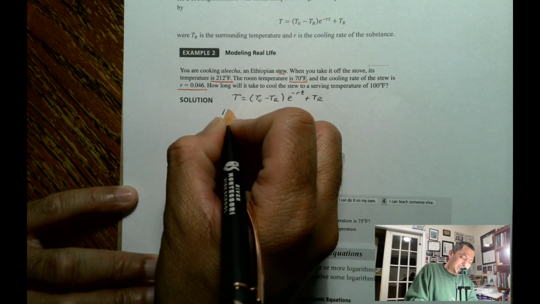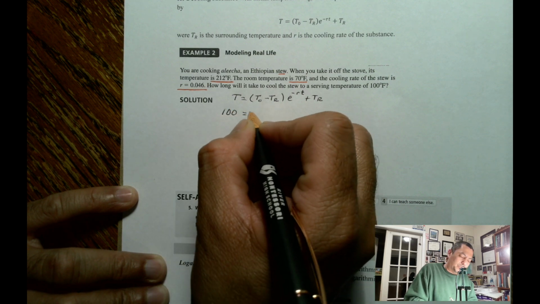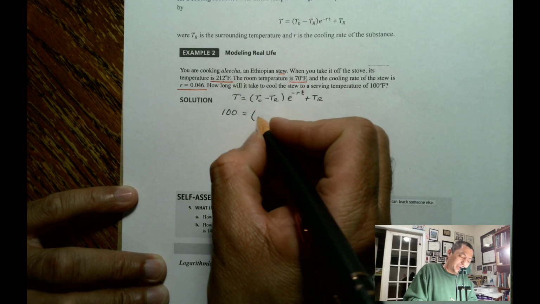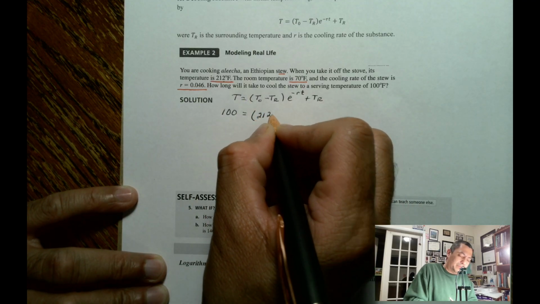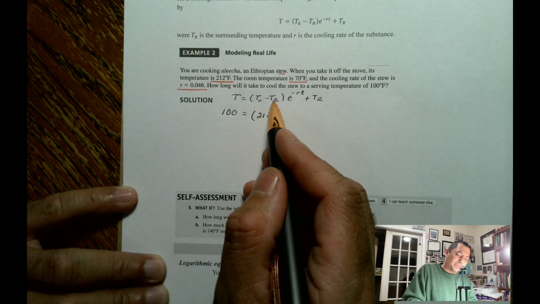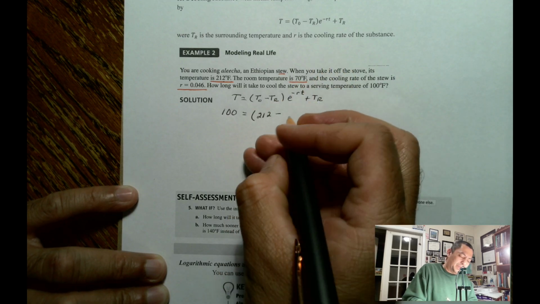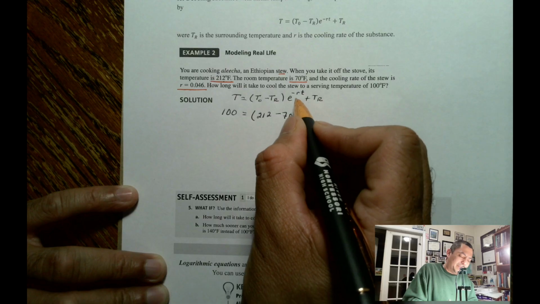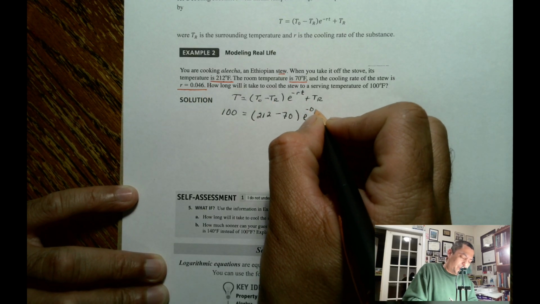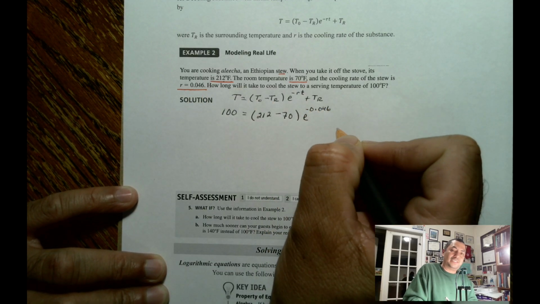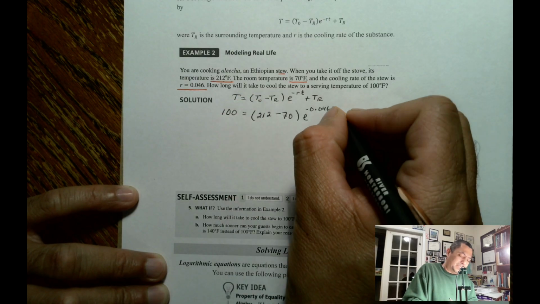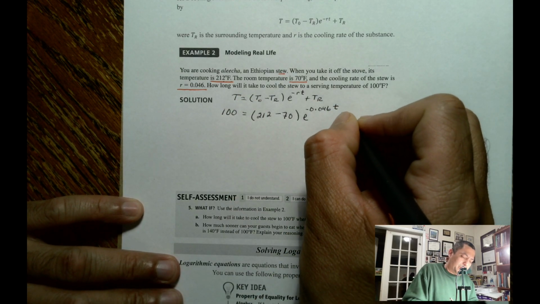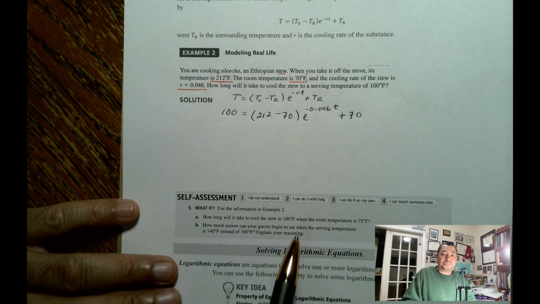So T equals, the initial temperature is 212 minus the surrounding temperature, which is 70 degrees, e to the negative, the rate is 0.046, and then times t, that's what we are looking for, the time, and then plus 70.